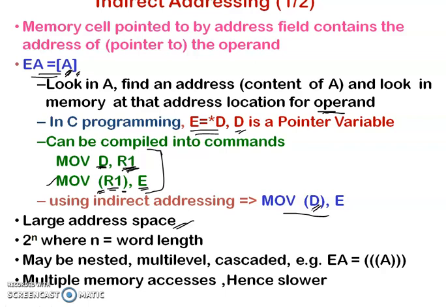That is, the effective address can be computed like this also, which means A is having one address, the content of A will be having another address, again the content of that address will be pointing to some other location where the actual value is stored. So it can be nested, multi-level or cascaded. Multiple memory accesses also are being done.